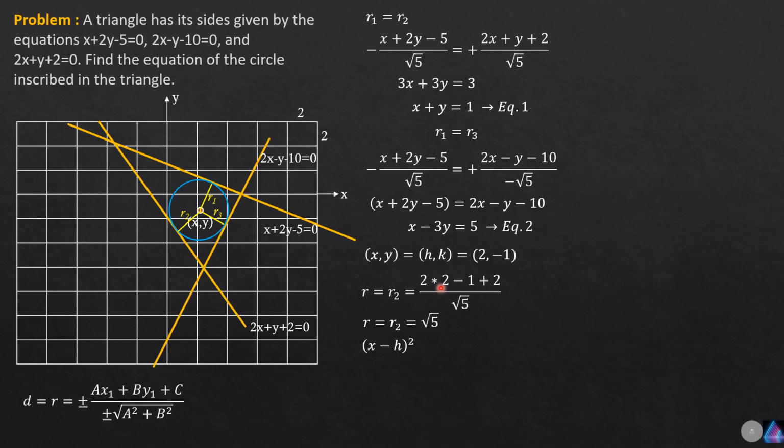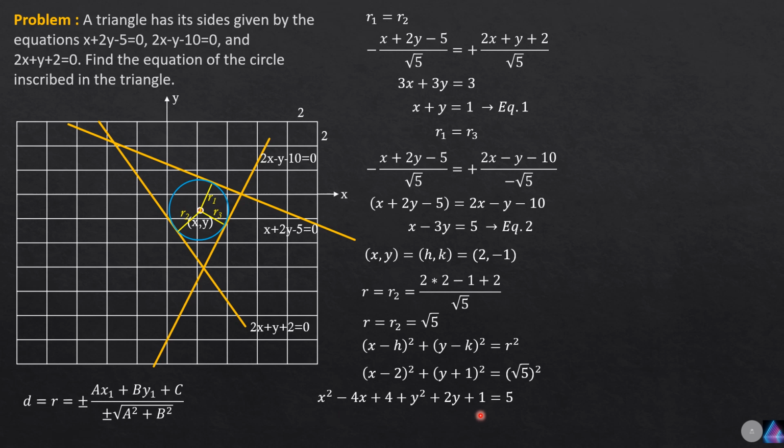Substituting into the standard form of the equation of a circle, we have x minus 2 quantity squared plus y plus 1 quantity squared equals square root of 5 squared. Simplifying, x squared minus 4x plus 4 plus y squared plus 2y plus 1 equals 5.